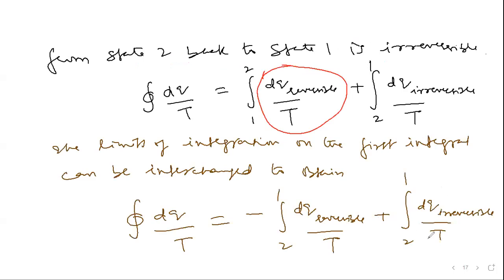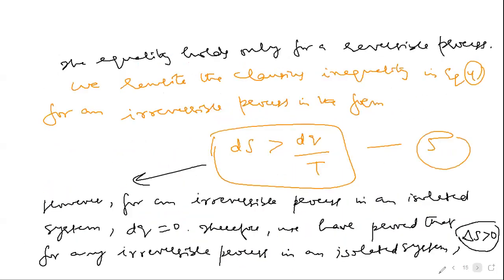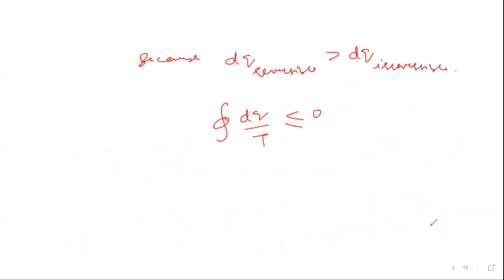This is greater, this is smaller. That means the negative term will be bigger. Overall, it will be negative, right? Closed integral dq by T will be less than or equal to 0. Let me name it equation 6. It's my equation 6. Let me encircle it.